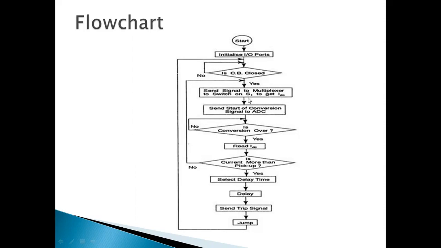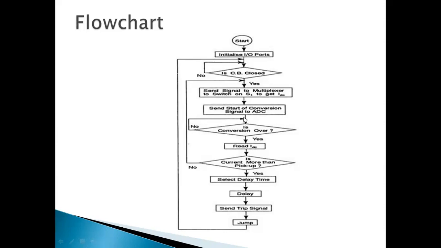Then send the start of conversion signal to the ADC. Whatever current we get from this multiplexer, that is IDC, is the analog quantity, so it is converted into digital by using this analog to digital converter.